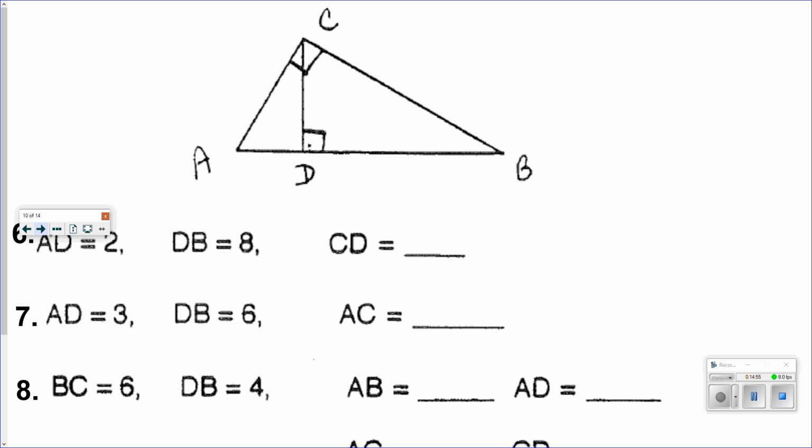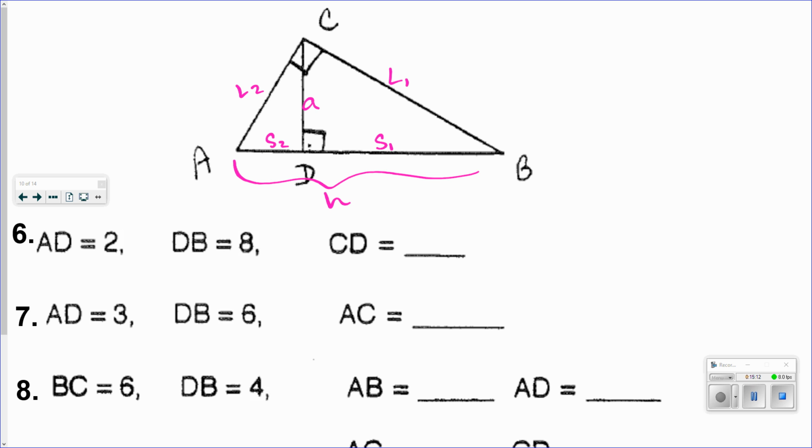Okay. Next part. We have our picture going through. Here's our leg 2, leg 1, segment 2, and hypotenuse. All of our different options. We can have our altitude.